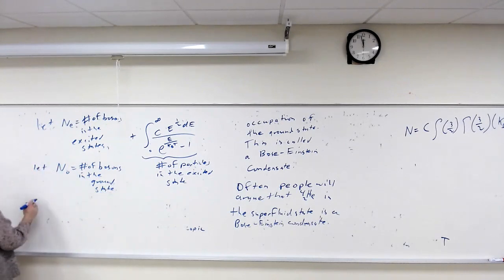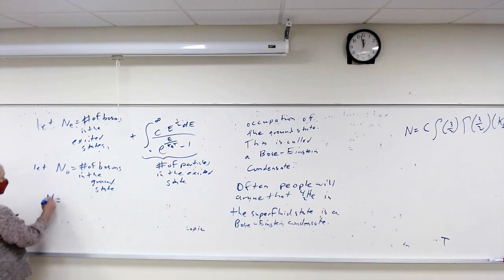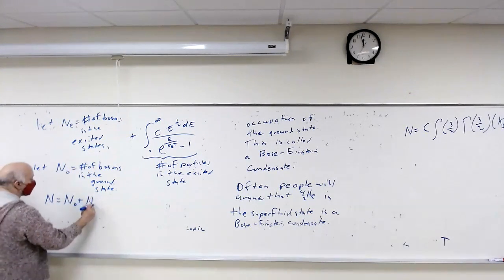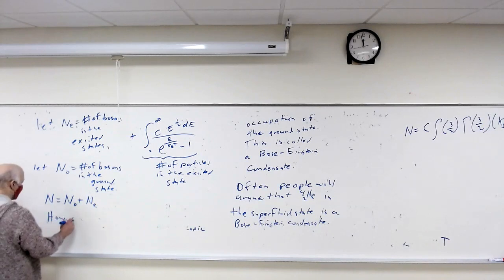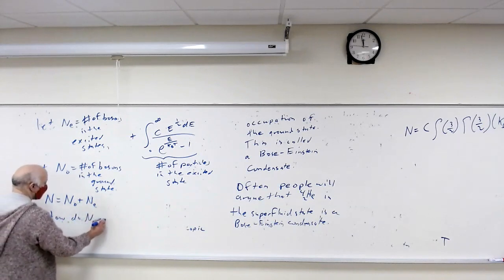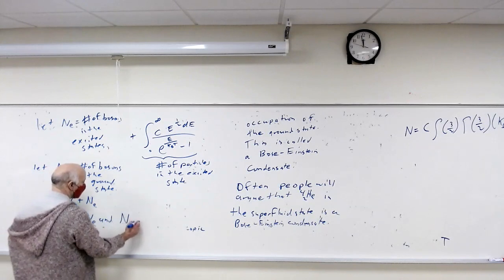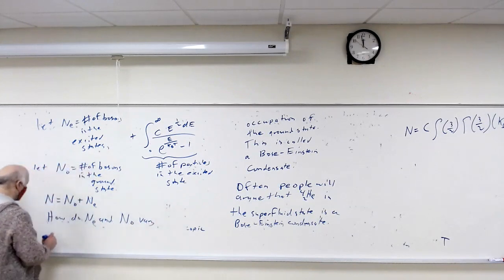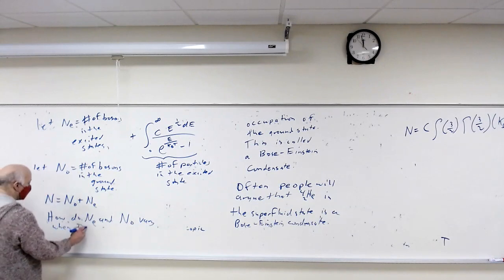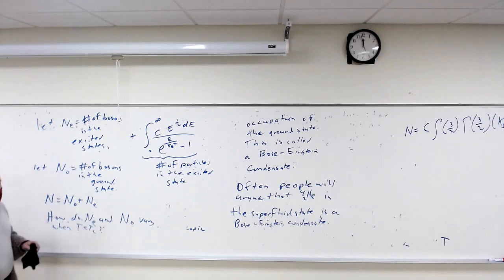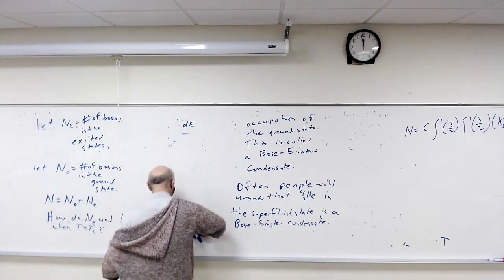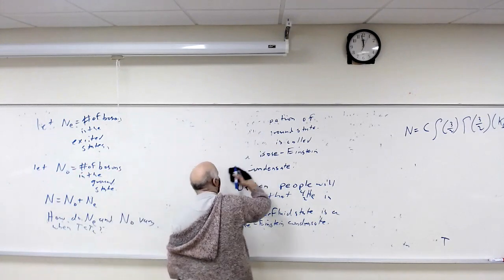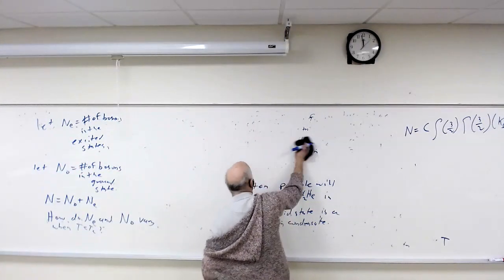We know that n, the number of particles, equals n0 plus n sub e. And I want to figure out how these vary when T is less than Tc. This is going to be preposterously simple.